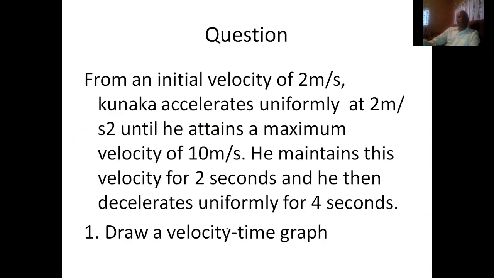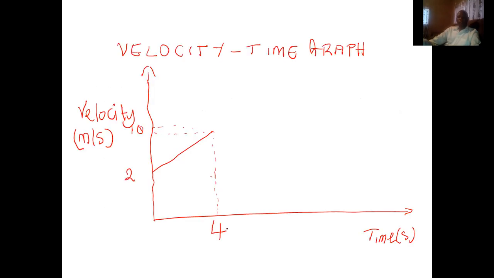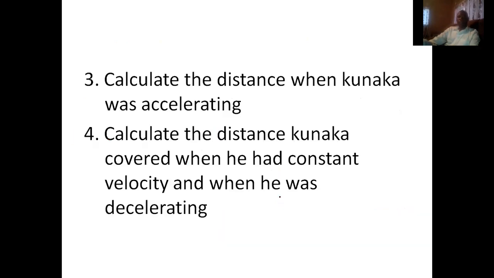We can go back to our question. He maintains this velocity for 2 seconds. So Konaka moves with this constant velocity for 2 seconds. If you add 2 seconds plus 4, it is 6. Then we go back.